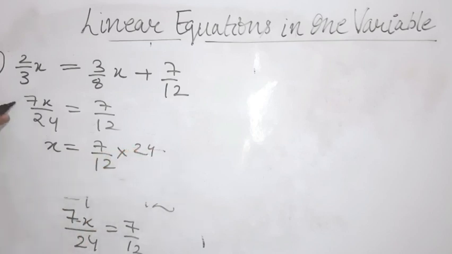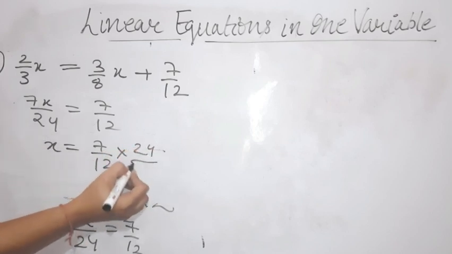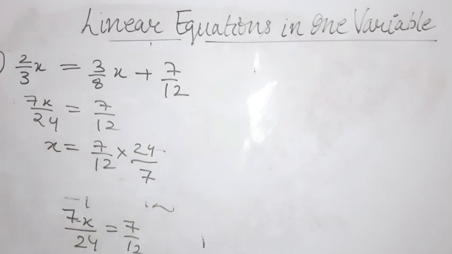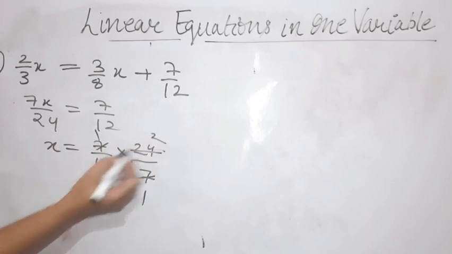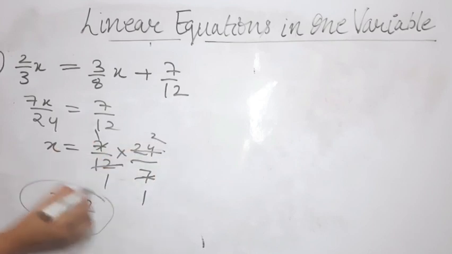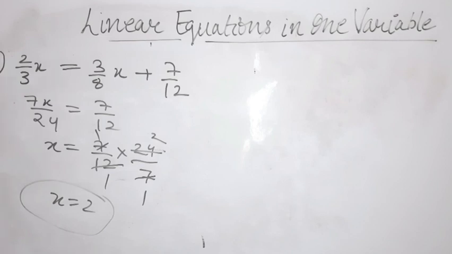And this 7 is in multiplication with x. Once it goes on the right hand side, it will be in division. Now to simplify it, 7 ones are 7, 7 ones are 12 ones are 12, twos are 24. So what is the value of x? The value of x is 2.